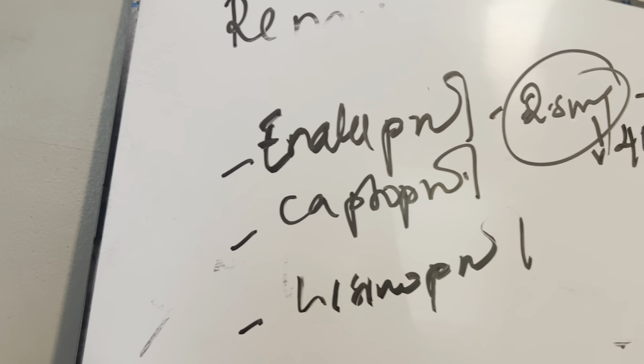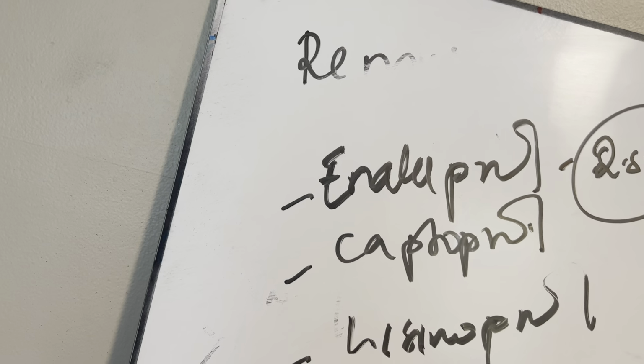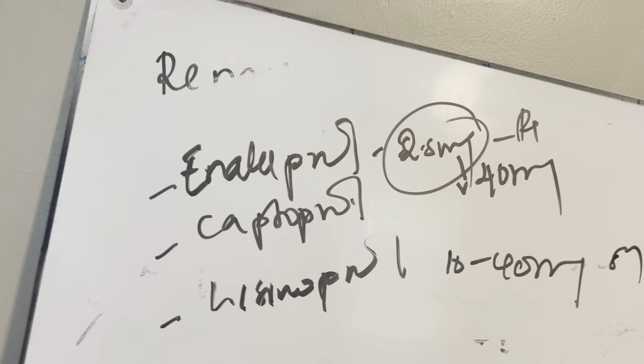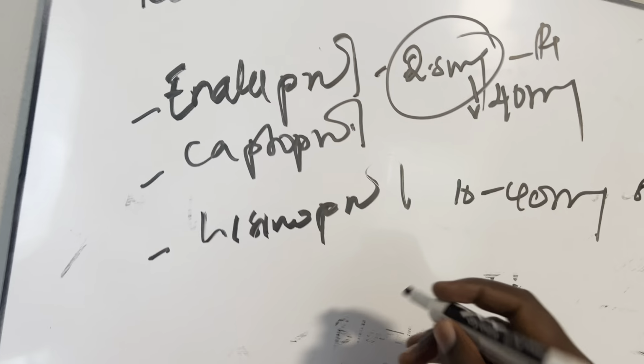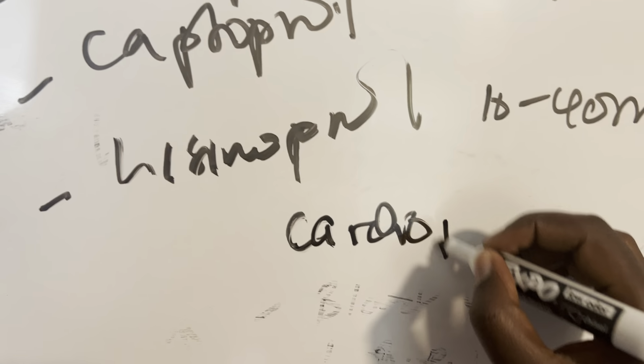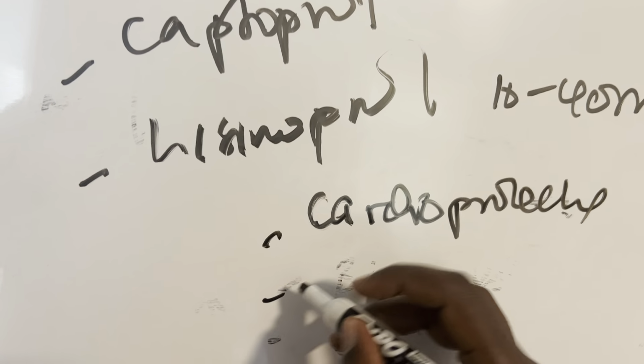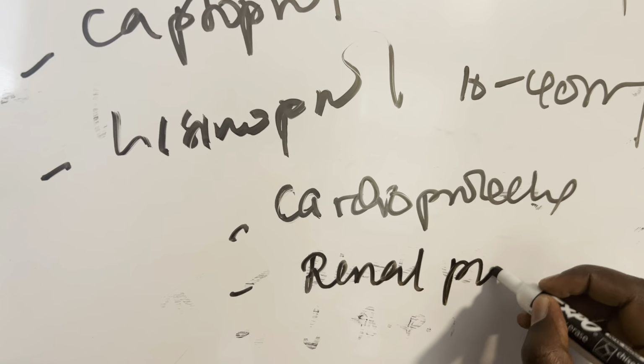Lisinopril can be given from 10 to 40 milligram OD. So these ACE inhibitors are also widely used in heart failure because they are cardioprotective and renoprotective. Yep. So they are used in hypertension, in heart failure, post-myocardial infarction, and diabetic nephropathy.